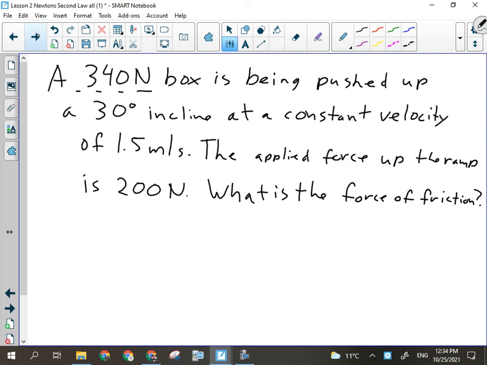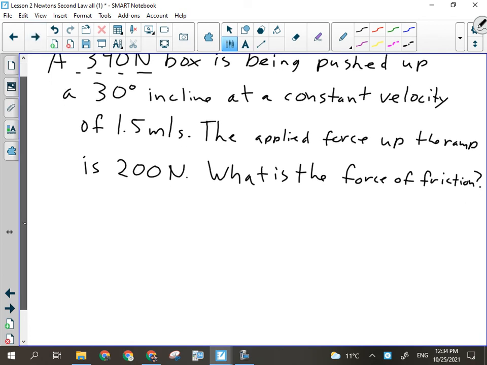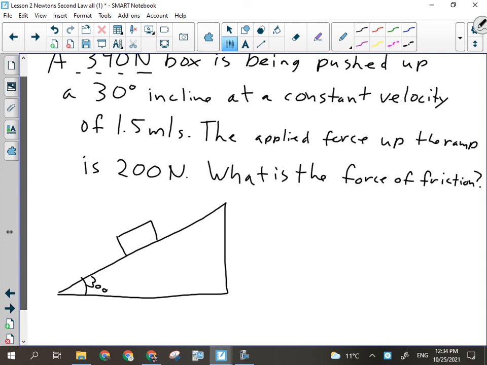So we're going to walk through this one together. This one's a bit more involved, but I want to show you how an involved one works. What forces are acting on the box right now?